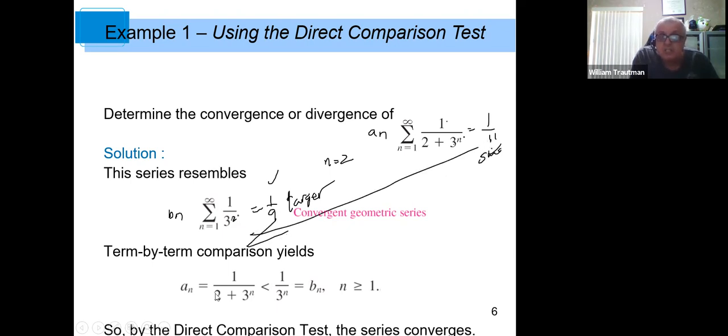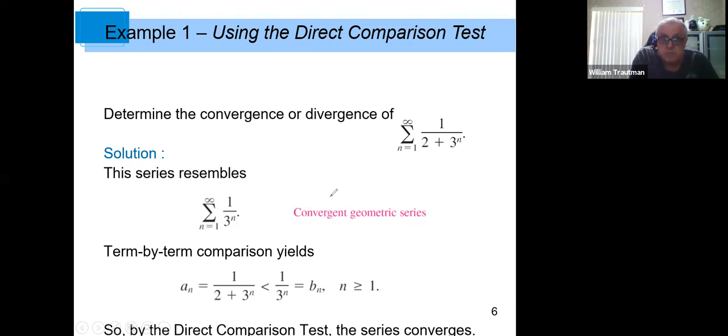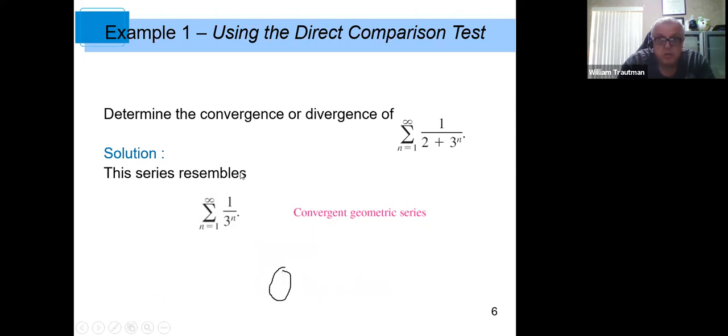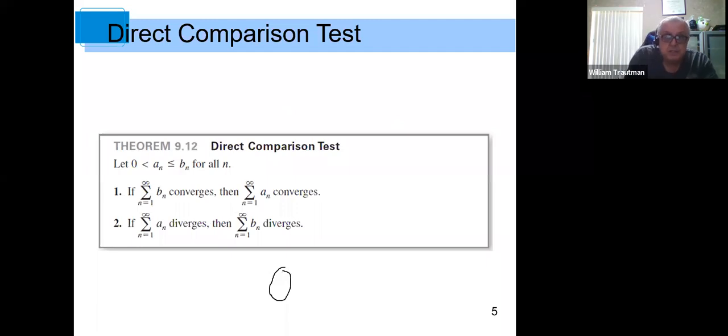So B sub n is larger, so we can use the direct comparison test. B sub n is larger. This was our geometric. So if I know B sub n converges, then A sub n converges according to this. So coming back down here.